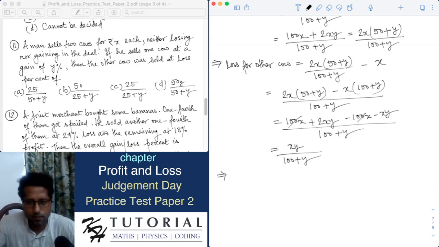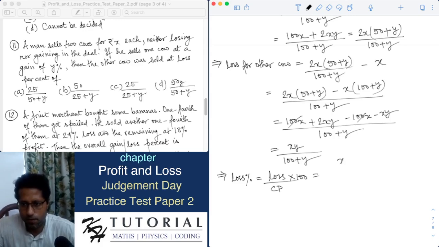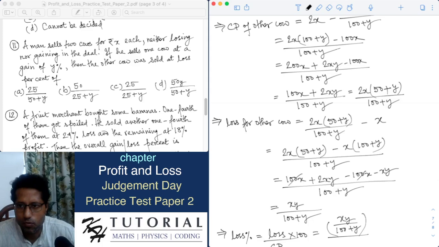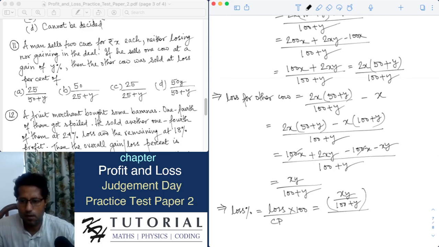Therefore, the loss percent will be, as we know, loss by cost price into 100. This is the loss we have found to be xy by 100 plus y, divided by the cost price. The cost price of the other cow we found earlier to be 2x into 50 plus y divided by 100 plus y. This into 100.